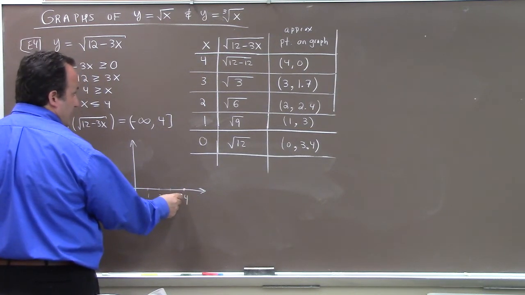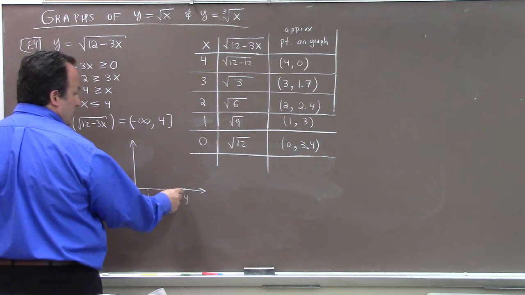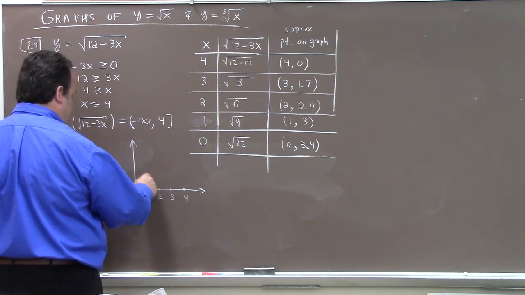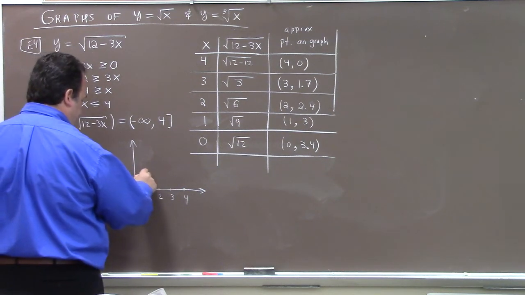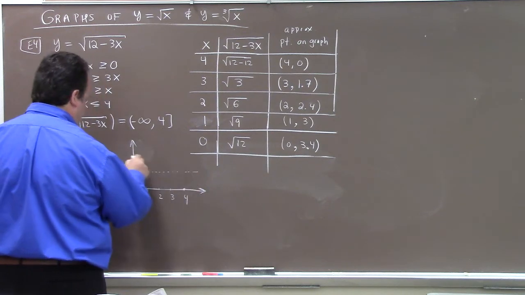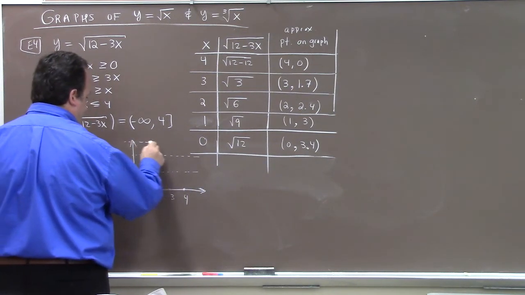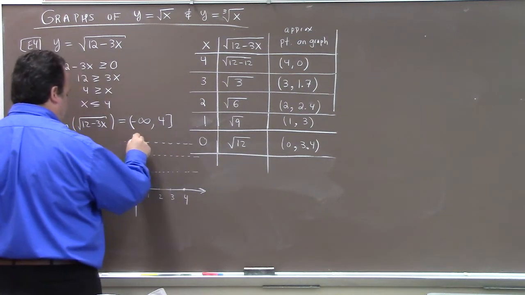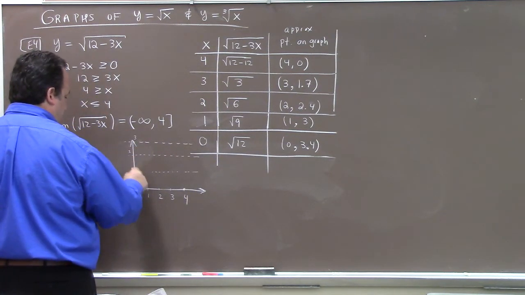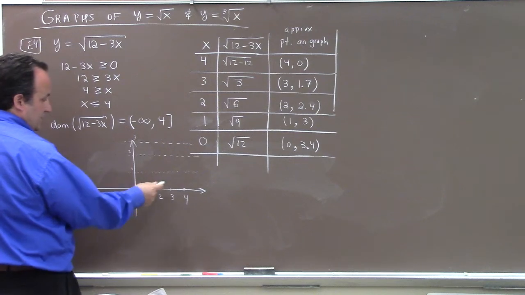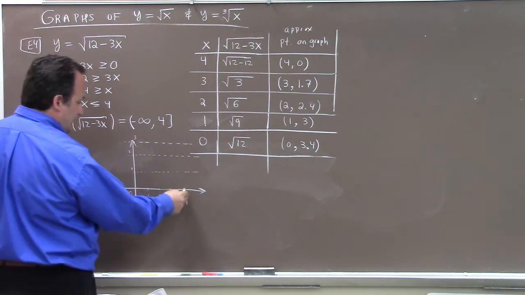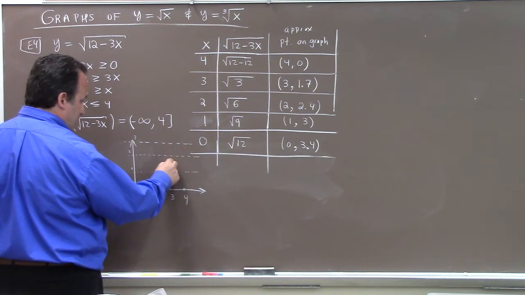Then when we get to 3, we're at 1.7. So let me see here. We draw myself some guidelines here. Roughly speaking, as well as I can do anyway. That's 3, 2, 1. All right. So at 3, it was 1.7. So it's like here-ish.